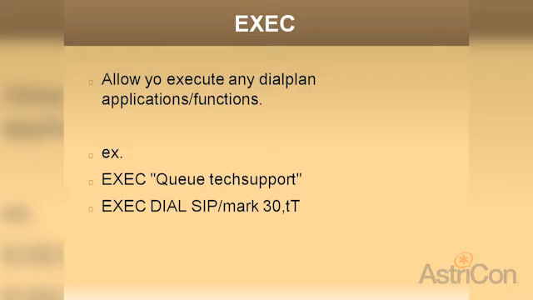So you can do an exec Queue tech support, and under the hood it's going to call the regular Queue, which is the same as the Queue application in the dialplan. It's the same for Dial. You can dial, for example, Mark, and you can also use the exact same syntax as in the dialplan.